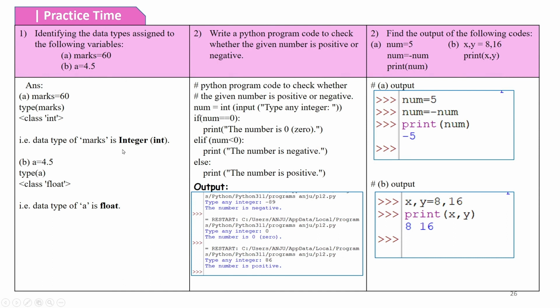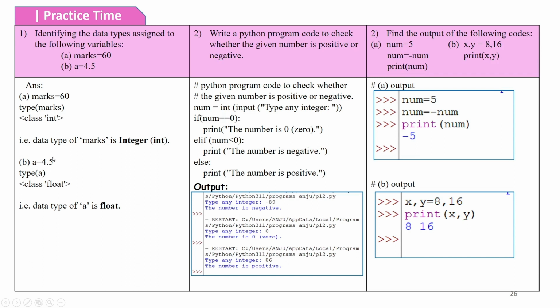Again, there is a practice time question given: identify the data types assigned to the following variables. Marks is equal to 60. You have to just write marks equals 60, and type marks. Then it will show you that it is an integer variable, that is, the data type of marks is integer. You have to just identify which data type it should be.